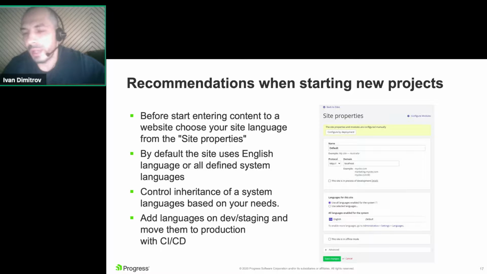For example, if you have 5 websites and you want to add languages to them, but not make changes to each of these websites because they're supporting this culture, you can do it from the basic settings screen, and here there is an option to control languages that will be inherited.